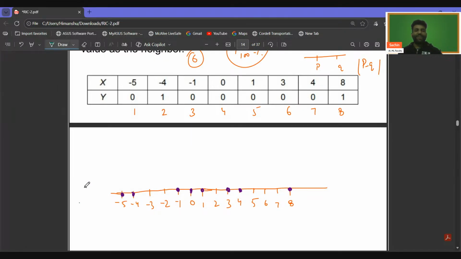The -5 data point was having 0 class, so let me say negative class over here. -4 had positive, basically 1, so I'll write it as plus. Again, for -1, it's negative. All have negative, negative, negative, negative. Over here we have positive.